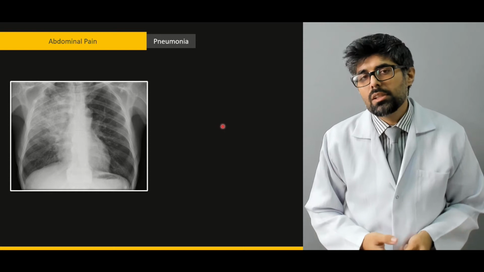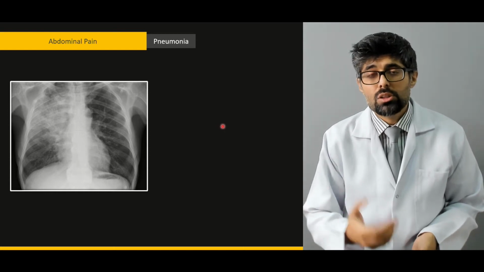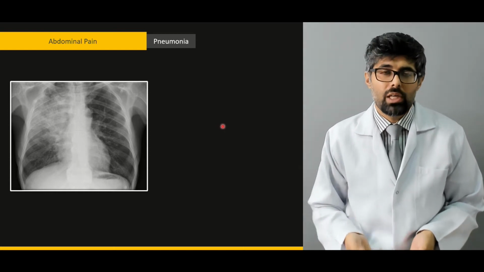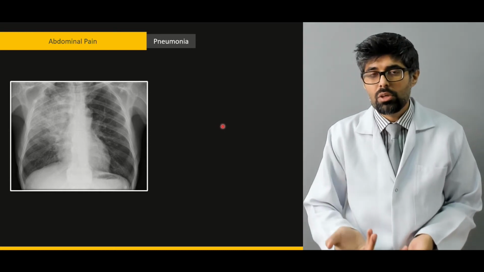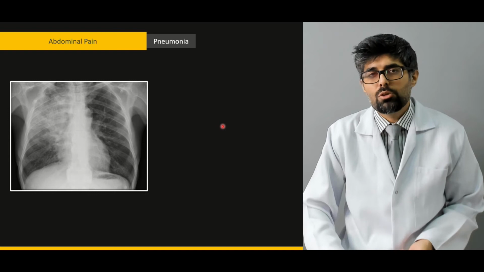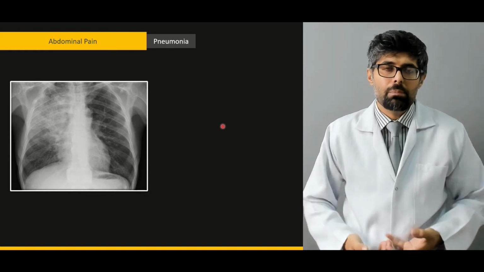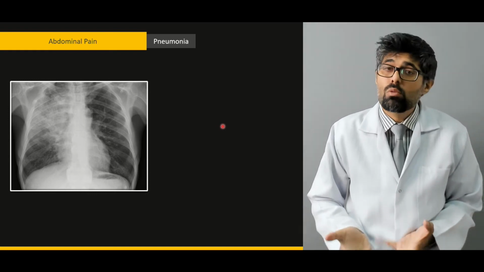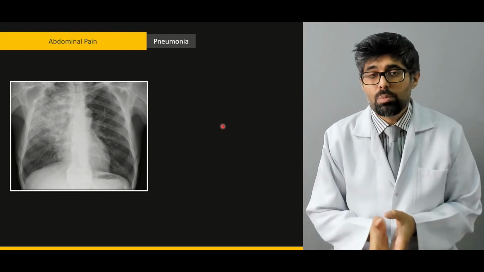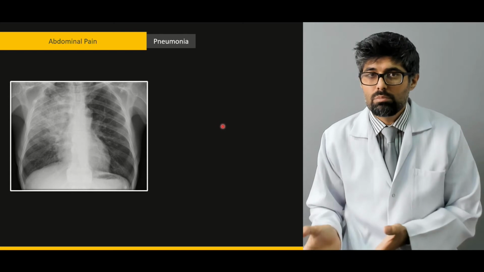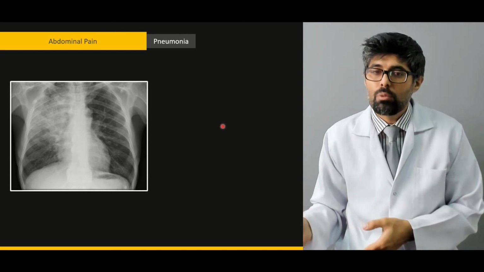The first reason is pneumonia, because sometimes the pain of pneumonia is not referred to the chest, to the anterior thoracic wall, but is actually referred to the anterior abdominal wall or the epigastric area. So we have to perform the chest x-ray in case the patient is suffering from pneumonia.